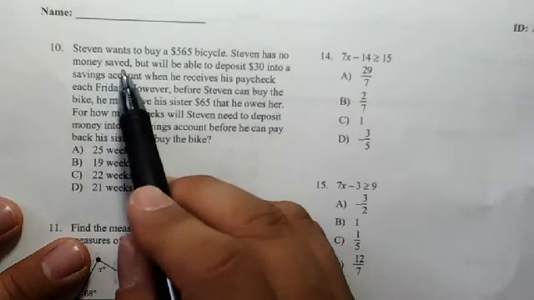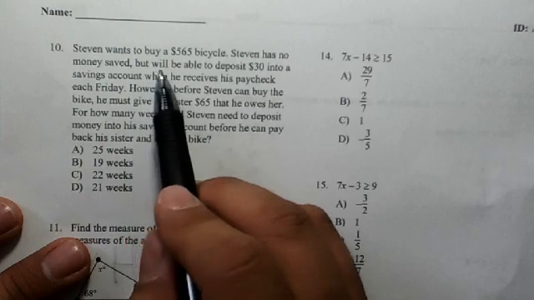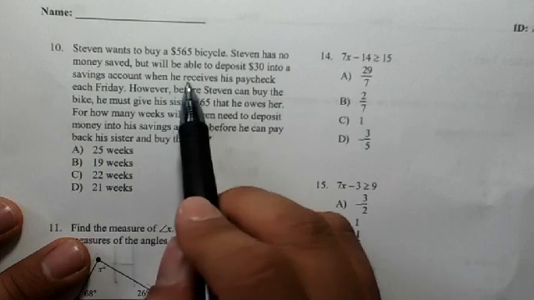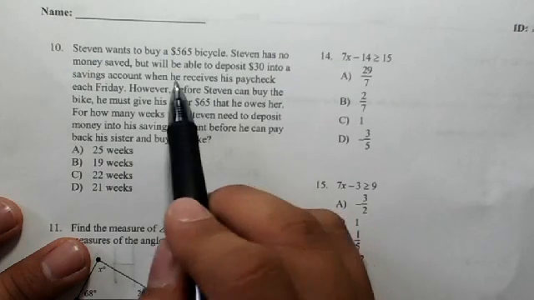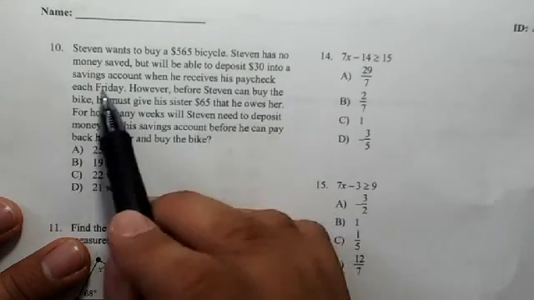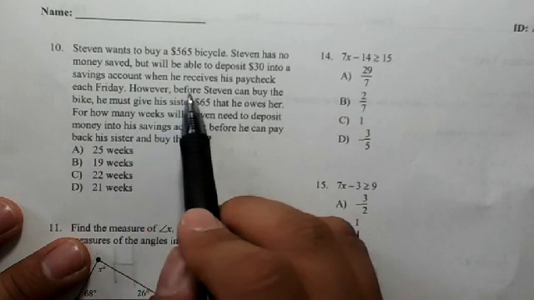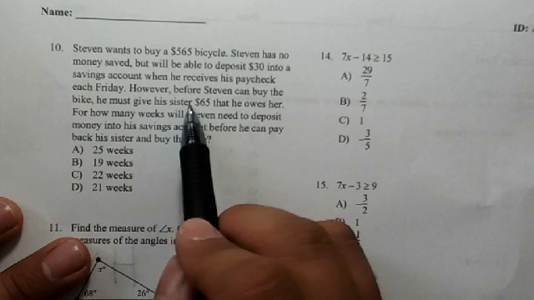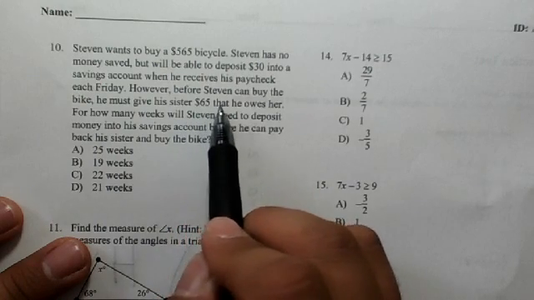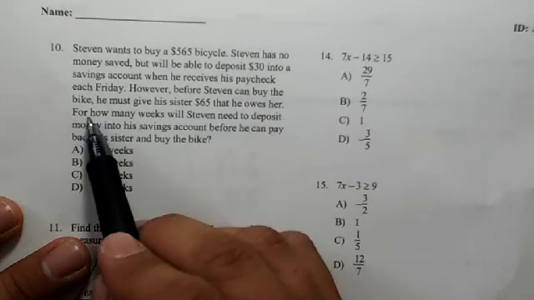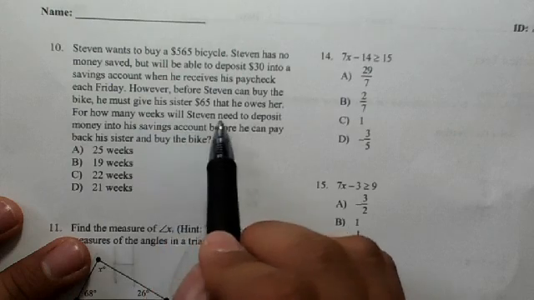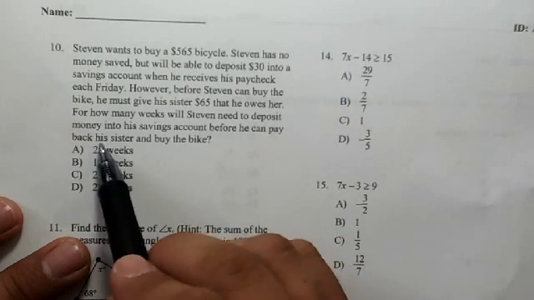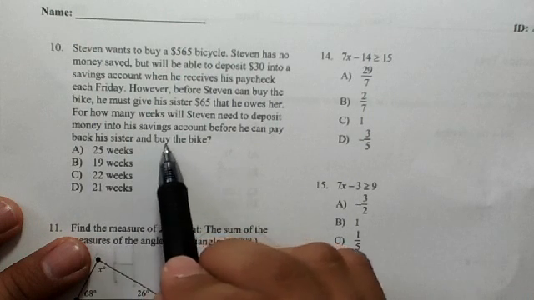Stephen has no money saved, but will be able to deposit $30 into a savings account when he receives his paycheck each Friday. However, before Stephen can buy the bike, he must give his sister $65 that he owes her. For how many weeks will Stephen need to deposit the money into the savings account before he can pay back his sister and buy the bike?